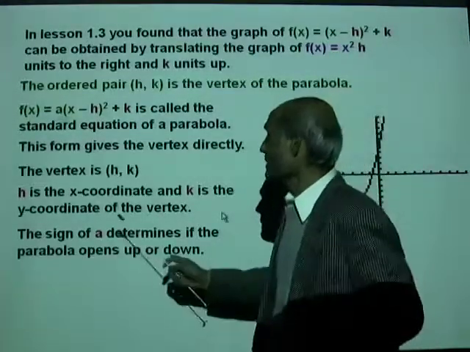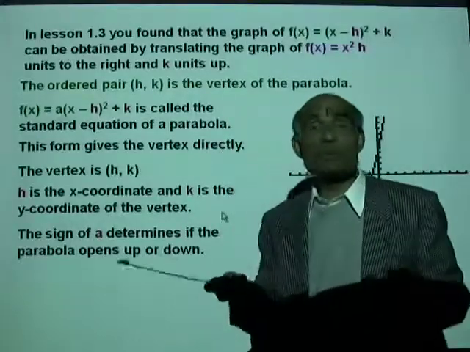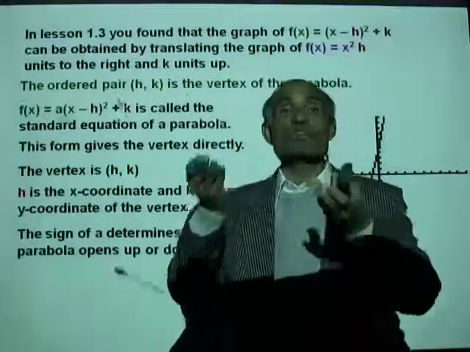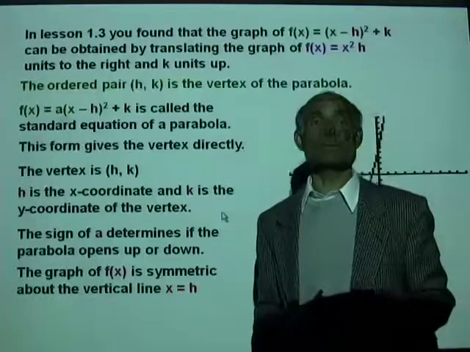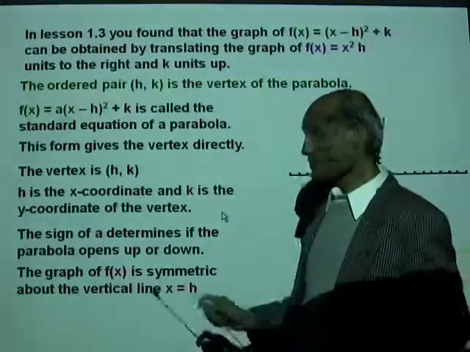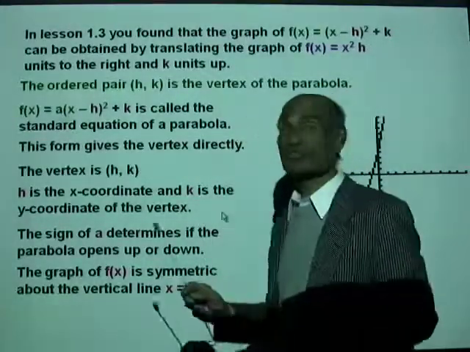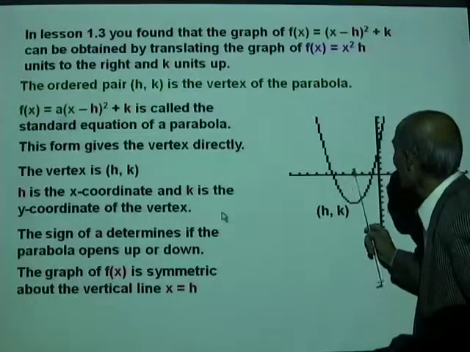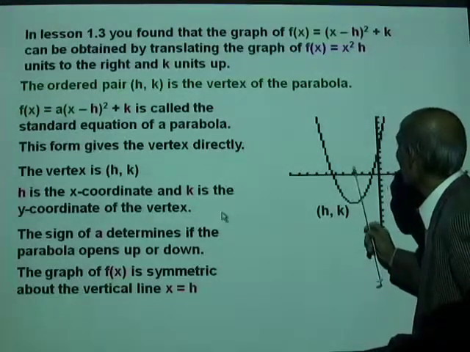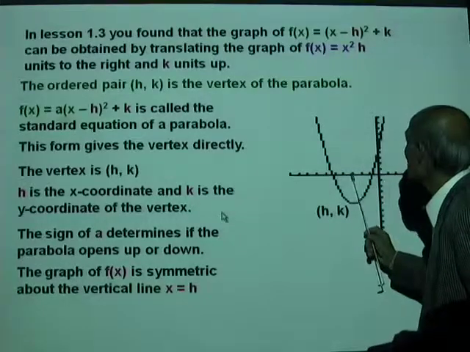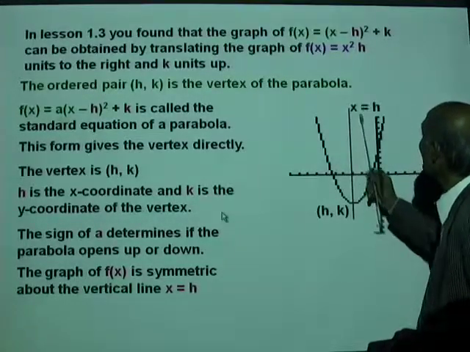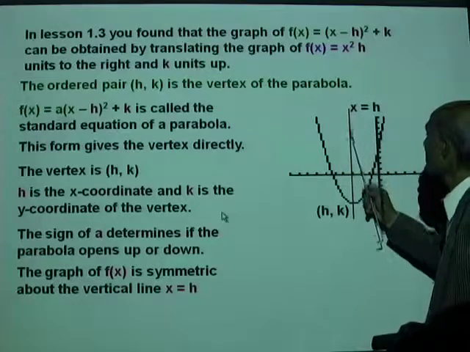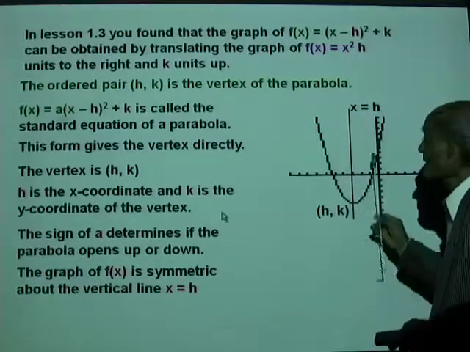Alright, the sign of a determines if the parabola opens up or opens down. Now, another important piece of information about a parabola. If you draw a vertical line cutting the x-axis at h, and we call that x equal to h, what is the significance of this vertical line?